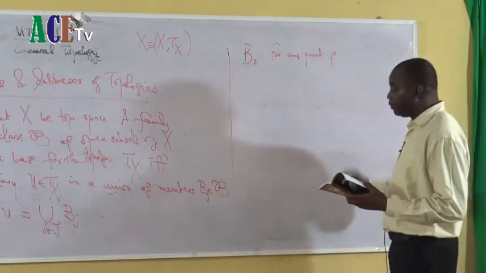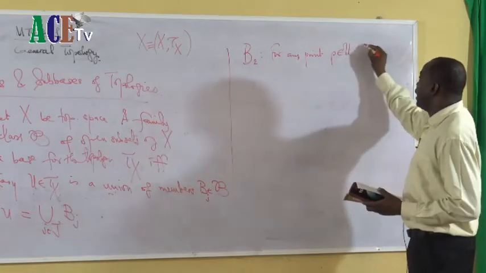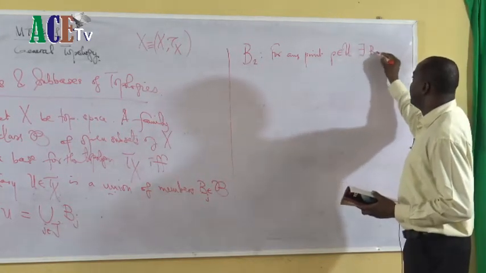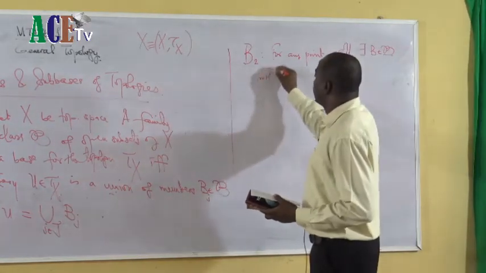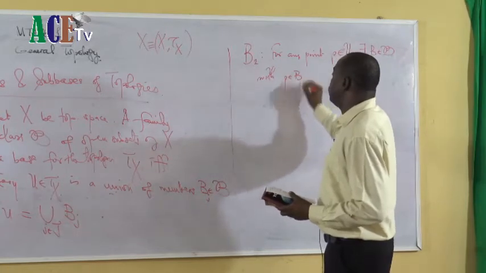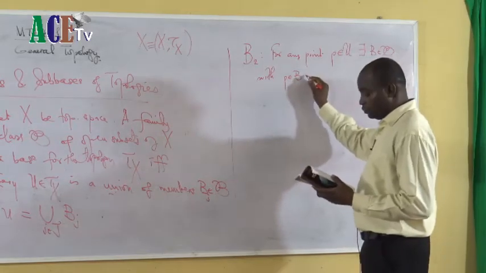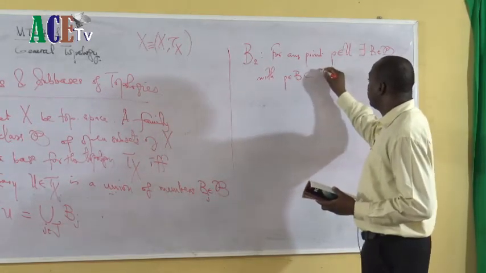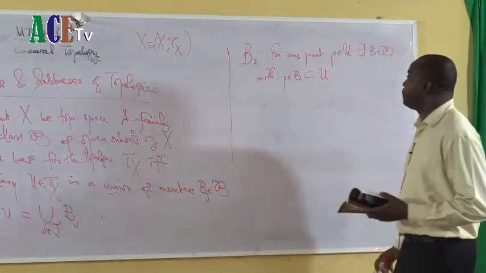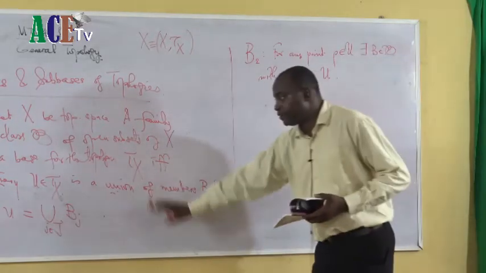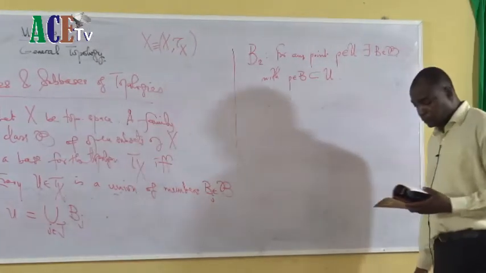For any point P which we find in the open set U, there exists a base element B in curly B with P belonging to that base element, in such a way that it will always be a subset of U. So we say that a base is satisfied if it fulfills these two axioms.